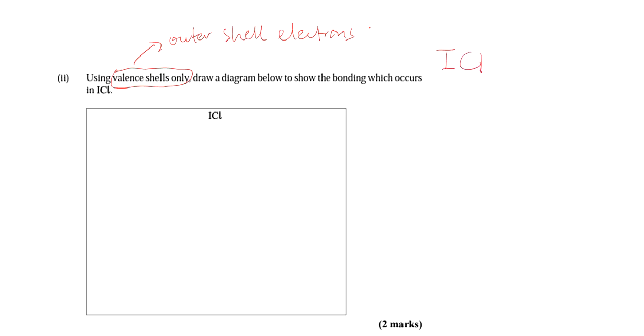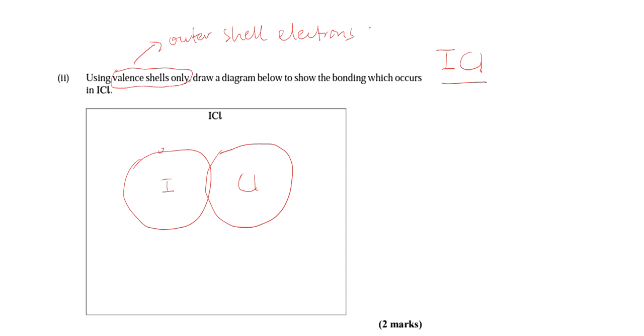Now both of them are in group 7, so we know that the type of bonding will be covalent, and we know that they are going to share electrons. So we're only concerned with the outer shell electrons. So in a covalent bond we have electrons being shared. So I will draw an iodine atom, and we have a chlorine atom.